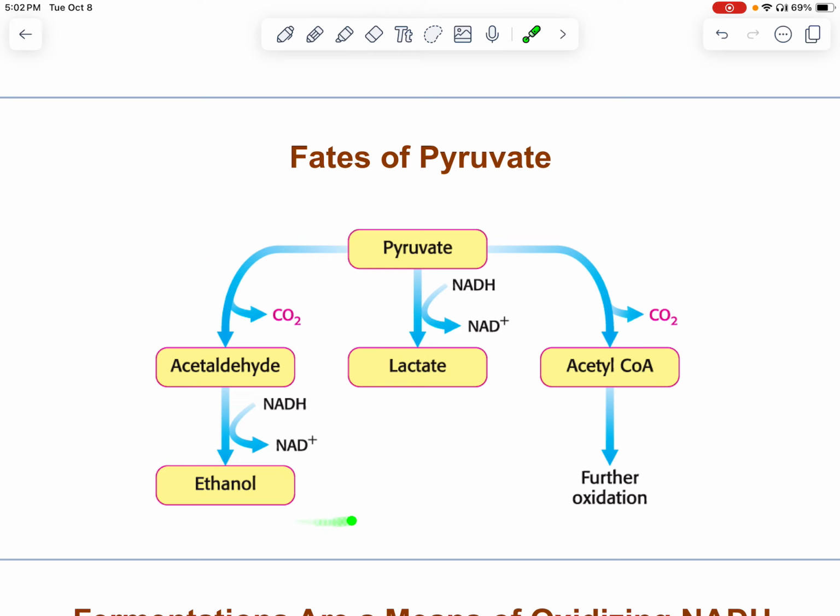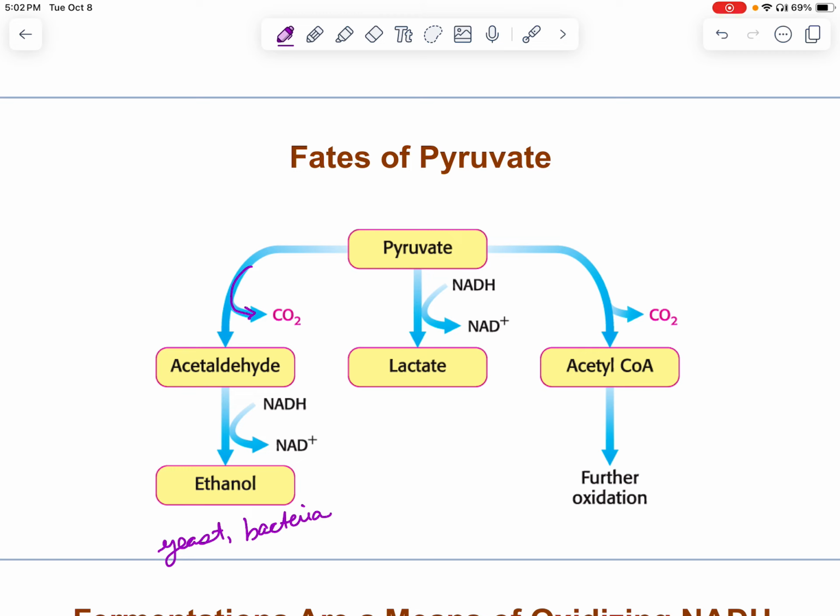On the left, we have our anaerobic options, and there are 2 different options. The one on the far left happens in yeast and certain bacteria. We'll look at this reaction, but what we see is pyruvate had 3 carbons, and it gives off one of those carbons as carbon dioxide and leaves us with acetaldehyde.